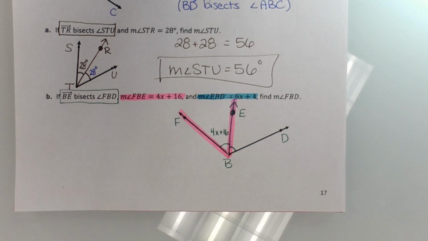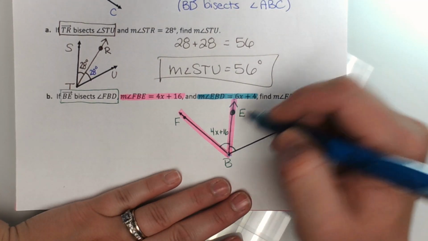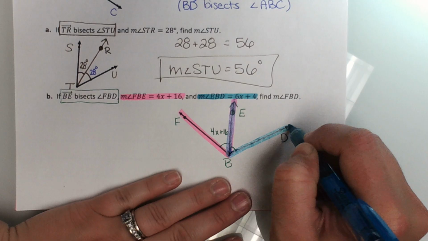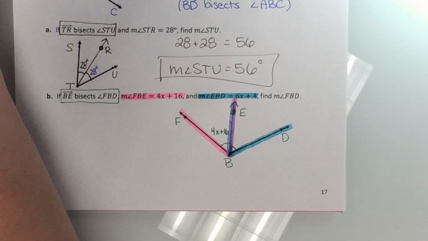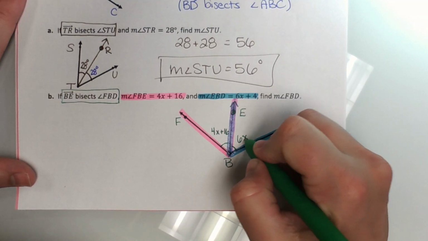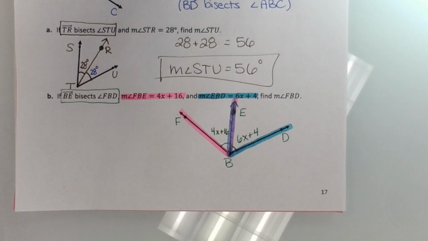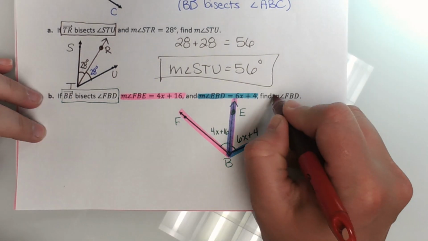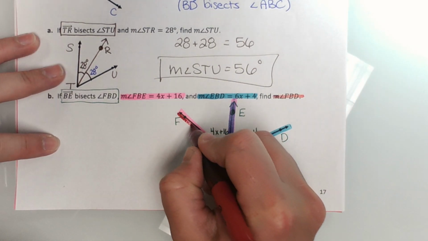Is that the right side or the big thing? It's the right side. B is the vertex. Go towards E, go towards D. That is the 6x plus 4. My goal is to find angle FBD, which is the big one.